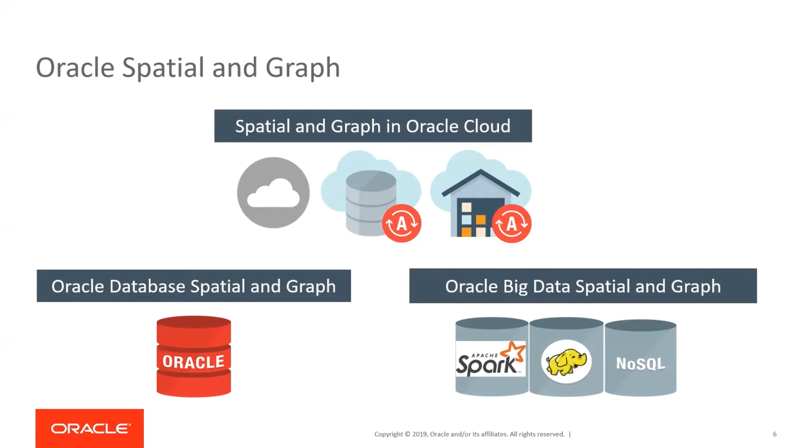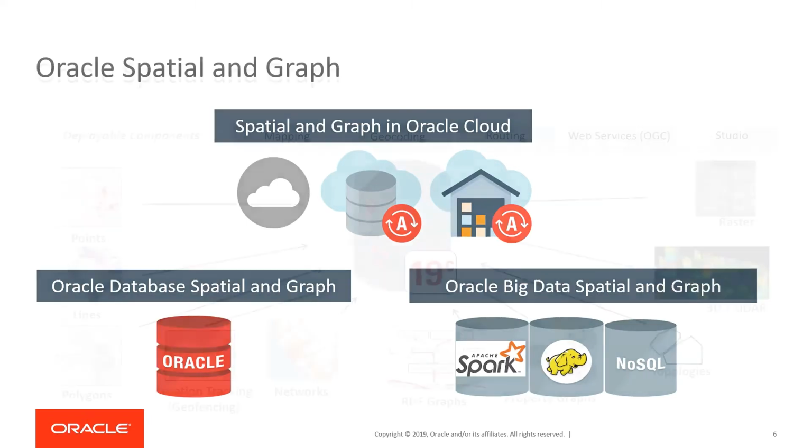It's really cool functionality, but there's no time for that, so it's really going to be spatial. So Spatial and Graph is the umbrella. Studio falls under the umbrella. Spatial has been in Oracle Database for decades. It's a premier platform out there, very robust, to store and manage and analyze your data in the database. We also have the Oracle Big Data Spatial and Graph platform, so components of spatial on the Big Data platform in Spark, Hadoop, and NoSQL.